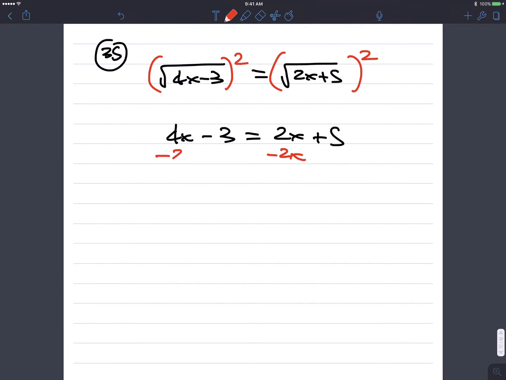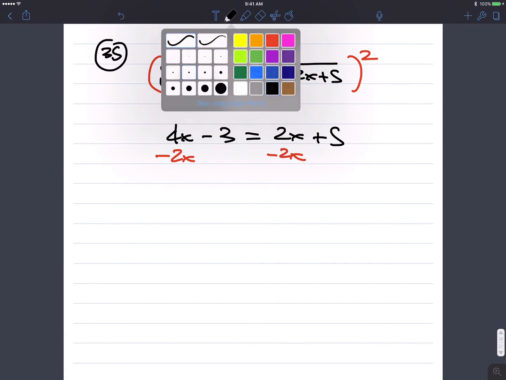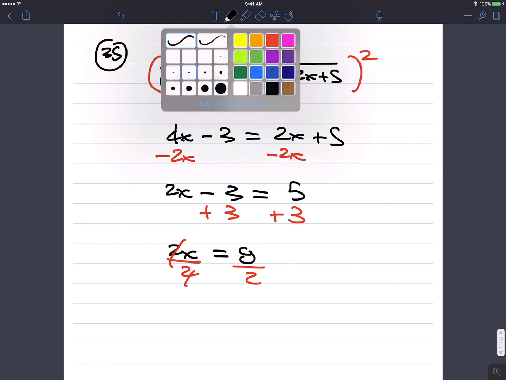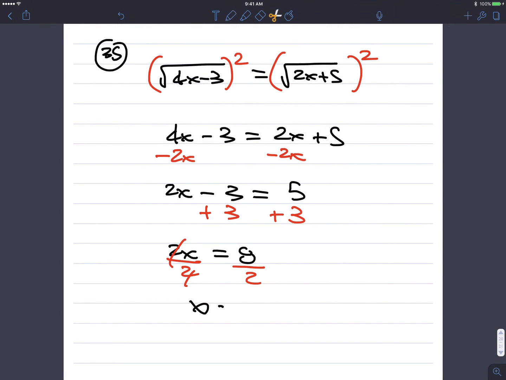Subtract 2x from both sides here. We get 2x minus 3 is 5. And add 3. Get 2x is 8. Divide both sides by 2. We get x as the value 4.